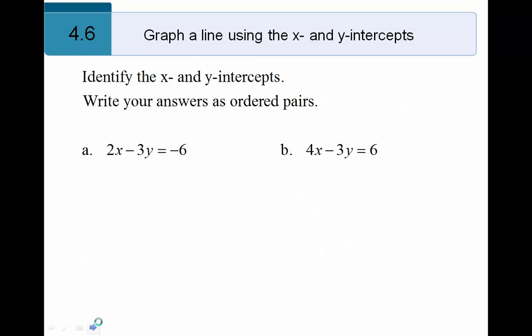Identify the x and y intercepts. Write your answers as ordered pairs. So in this example, A and B, we're not going to graph them. We'll just go ahead and find the x and y intercept. So to find my x-intercept, I'm plugging in 0 for y.